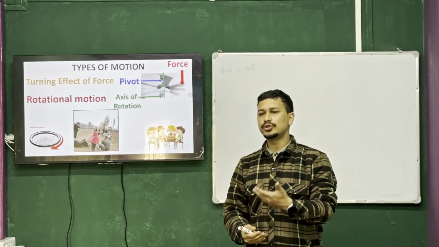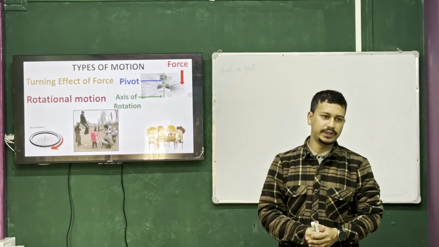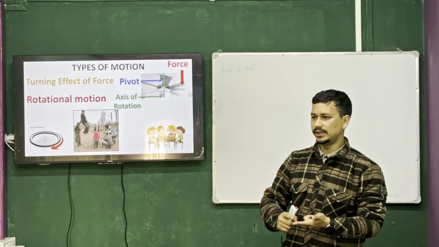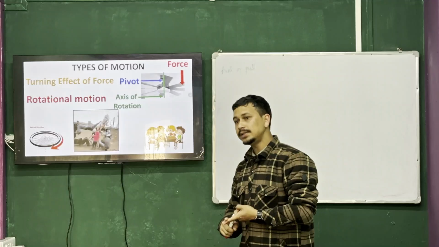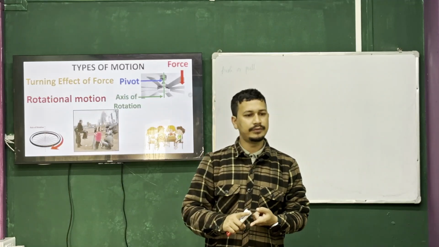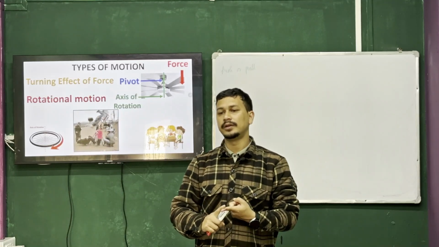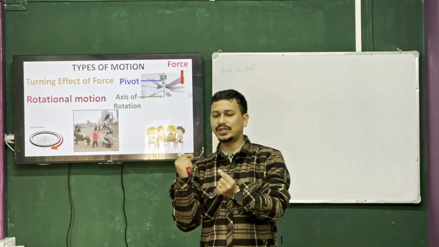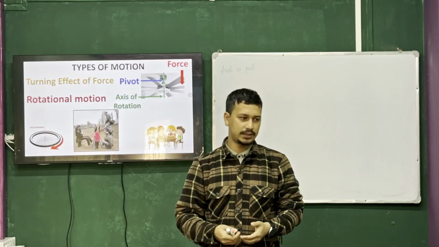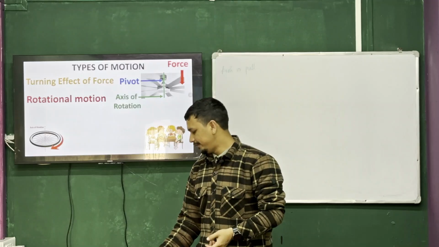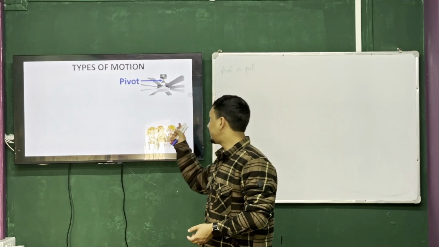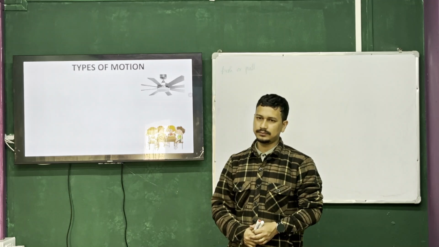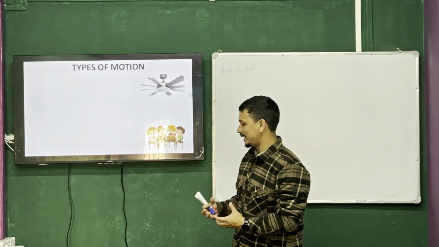So for rotational motion, what is the most important thing we need? What do we need? We need a force, and very important is the pivot. All right, the pivot point at which it will rotate. So what if, let's say we have the fan, but we don't have a pivot. All right, the fan is not connected anywhere.